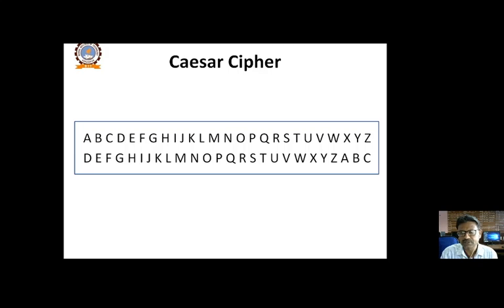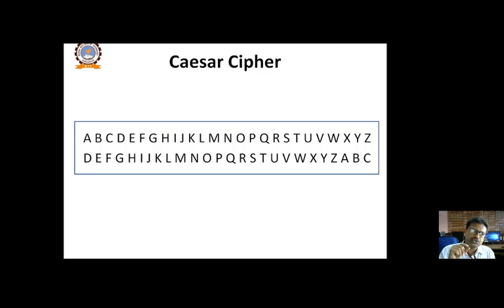Yes means yes. But if we are using Caesar cipher, Y will be replaced by B, E will be replaced by H, and S will be replaced by V. So instead of YES, we will be sending B, H, and V, BHV.